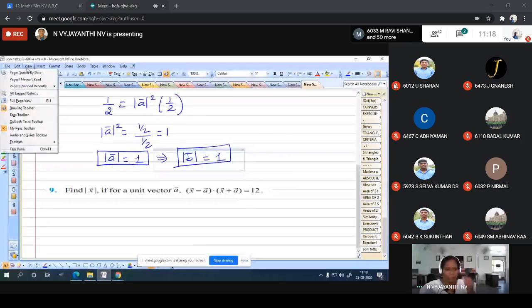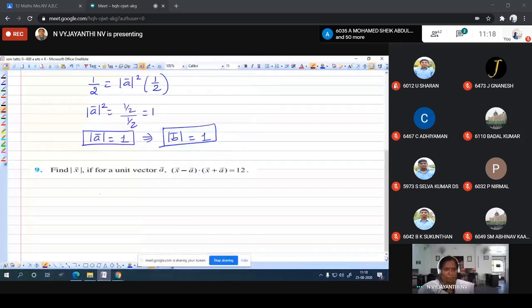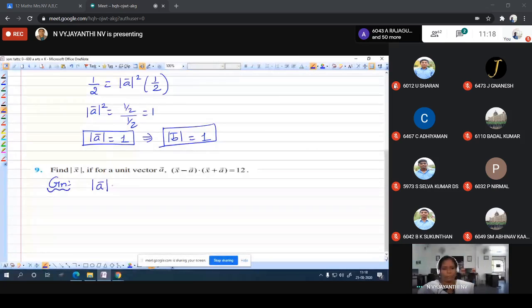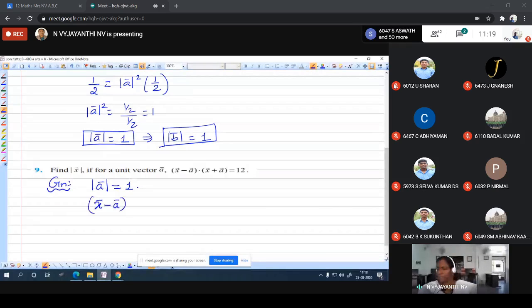So given modulus of A is equal to 1, and consider x minus a dot x plus a, that is given as 12.